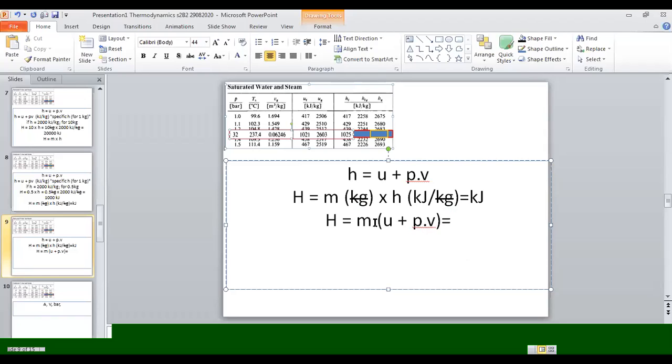If I expand this, it is equal to M times U plus M times P times V.